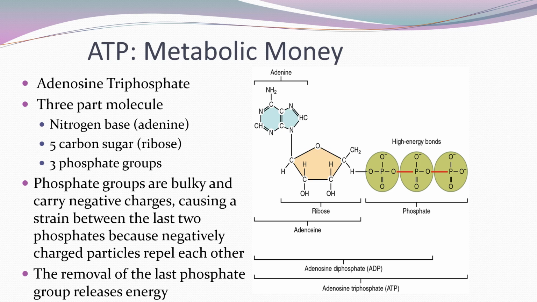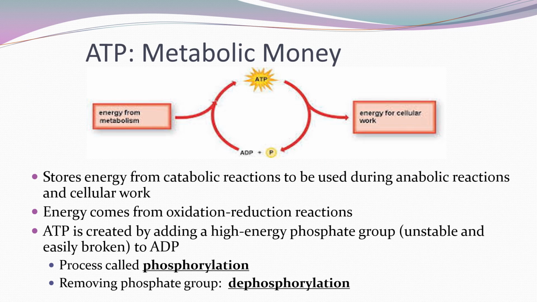So let's talk about that. When ATP loses a phosphate group, it becomes ADP. Now, this is a process called dephosphorylation, so the removal of a phosphate group.